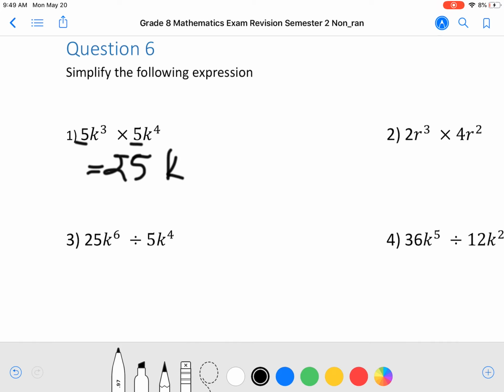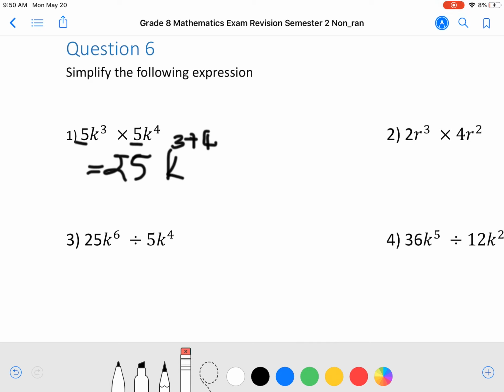Then we have k to the power 3 plus 4. Remember 3 plus 4 because we are multiplying them together. Again, we're using the rules of exponents or indices here.